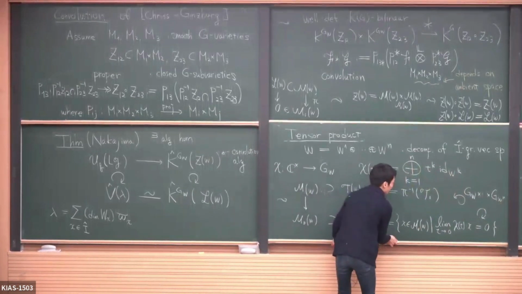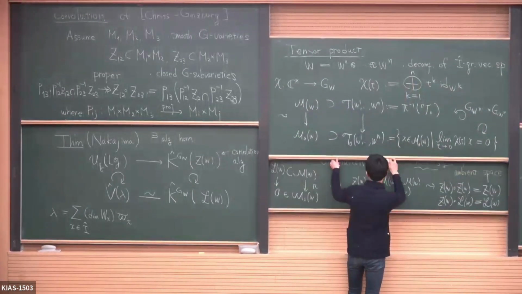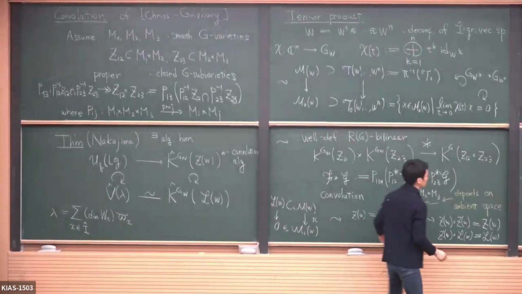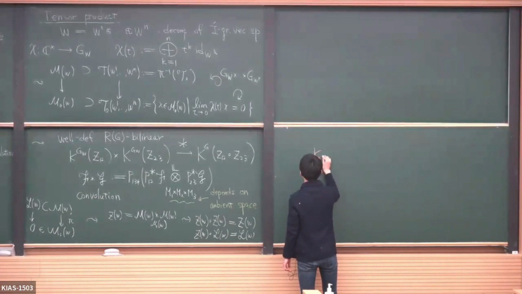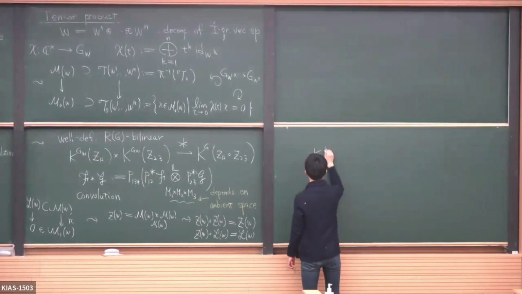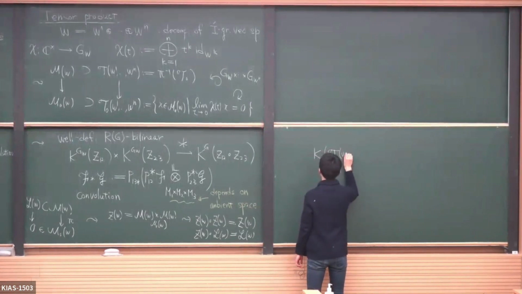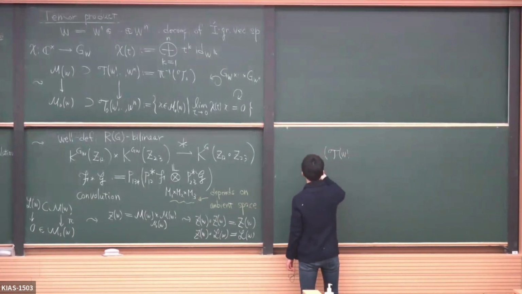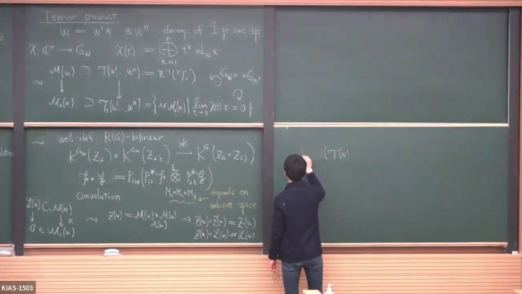So we can consider the following equivariant K-theory. So we consider equivariant K-theory of this T, but the group of equivariance is now the product of GW's.